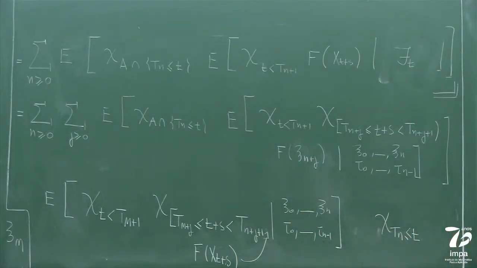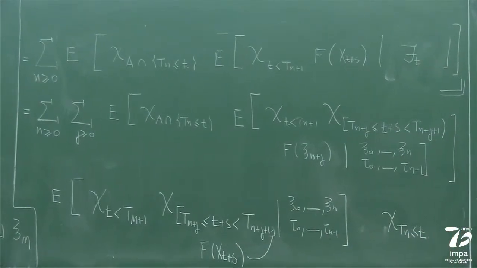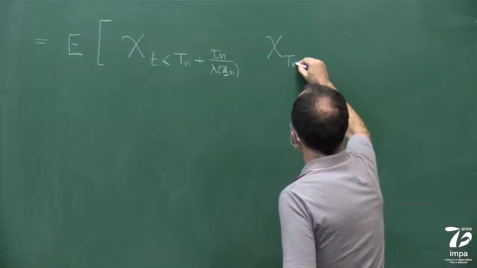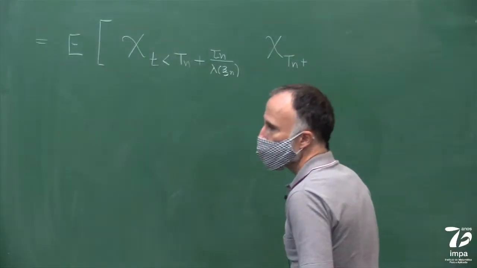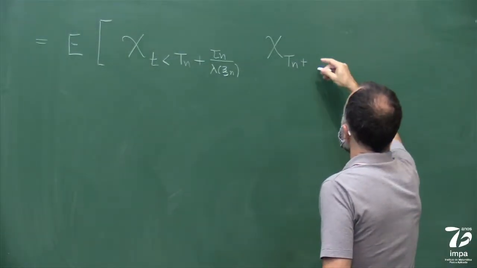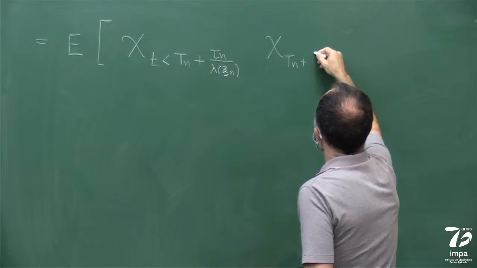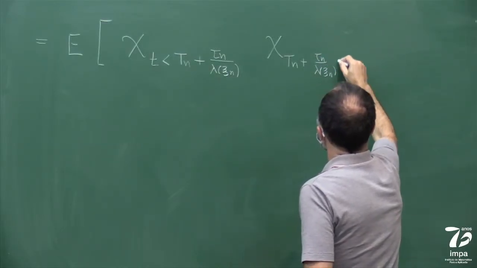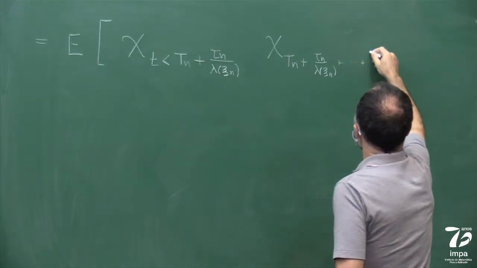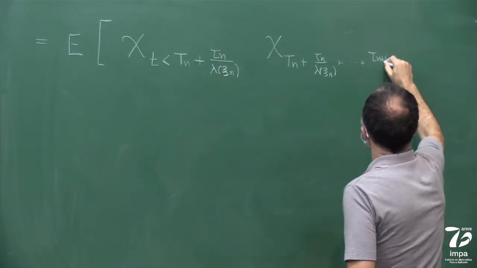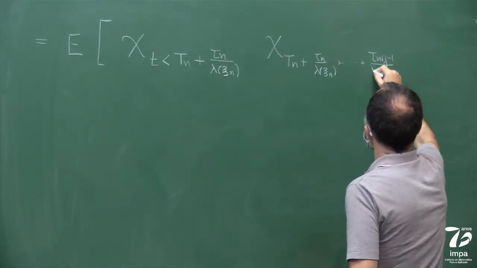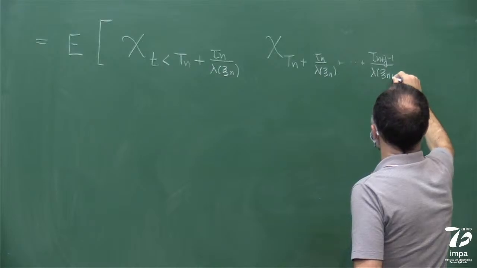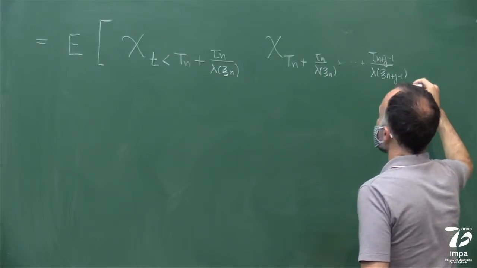So the second indicator, I will write it as tn plus Sn plus 1, which is tau n over lambda psi n, plus tau n plus j minus 1 over lambda psi n plus j minus 1.